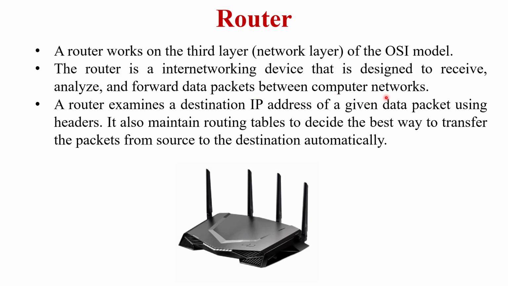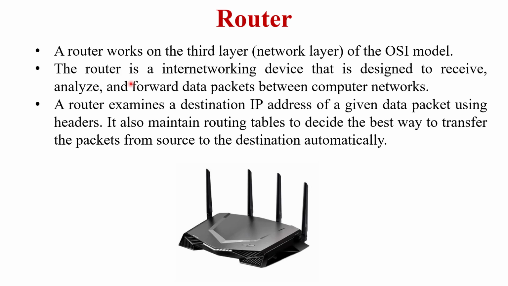It can work like a switch that routes data packets based on their IP address. So here a router examines the destination IP address of a given data packet using the header. It also maintains a dynamically updated routing table to decide the best way to transfer the packet from source to destination automatically. Switch uses MAC address, router uses IP addresses to route the data packet.